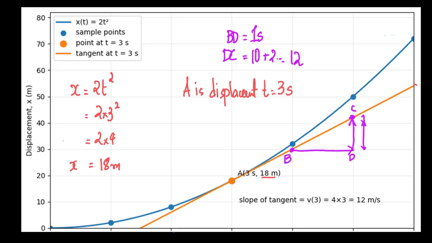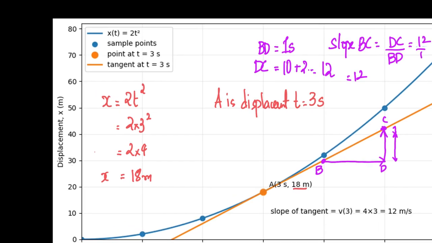So what is the slope of BC? Slope of BC is DC divided by BD, which gives us 12 divided by 1, which is equal to 12.